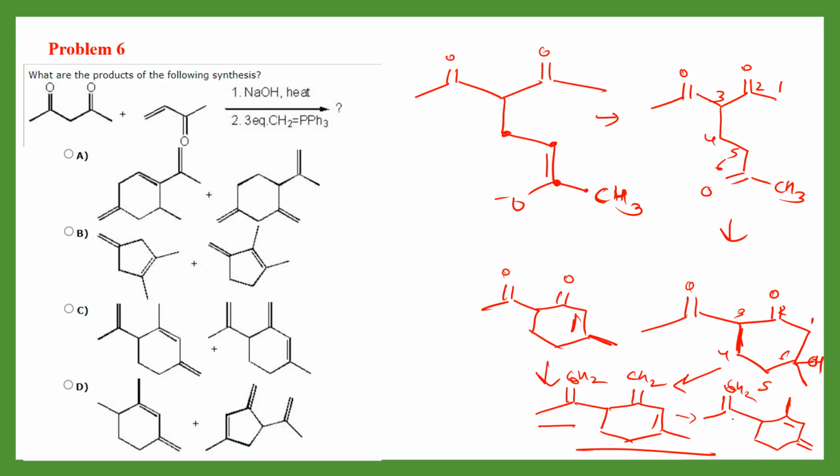This can be like this also. Okay, so let's search for A and B. This option is wrong because in one of the products a six-member ring will form for sure. Let's do it one by one. From here, an alpha beta unsaturated system. Okay, here you are getting an alpha beta unsaturated system.